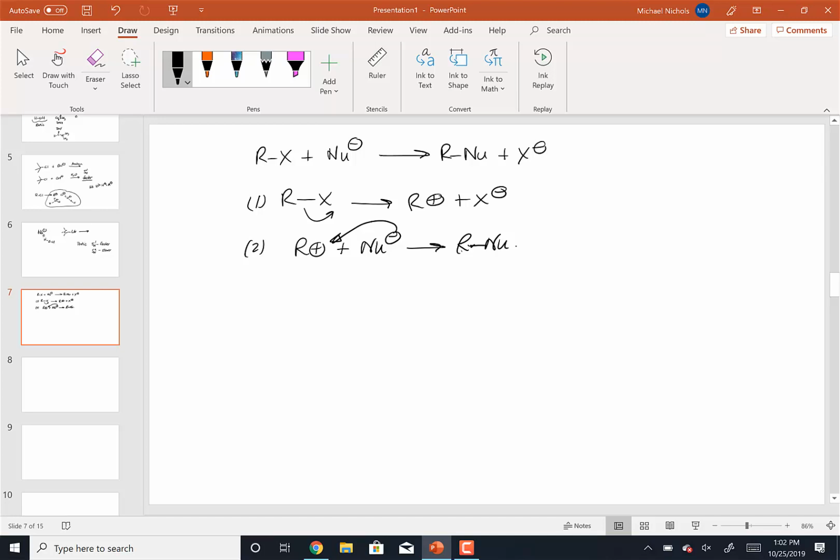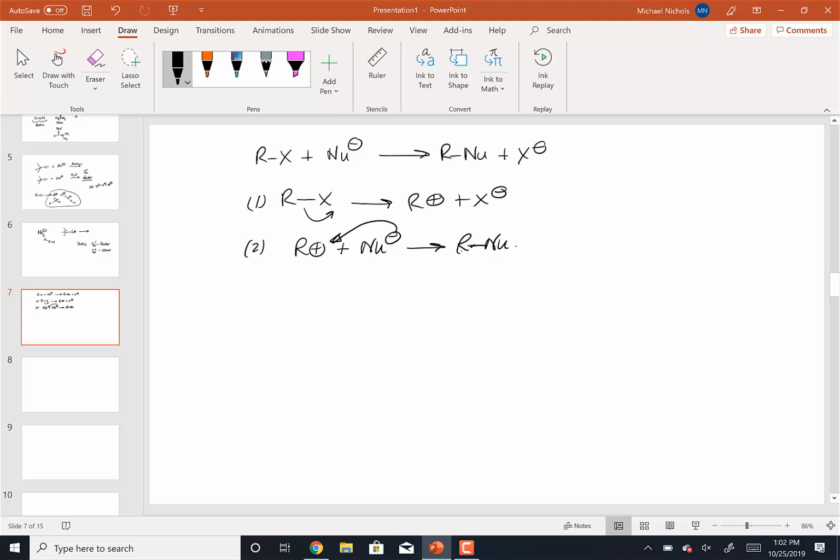Now, there's two types of nucleophiles we can use. We can use a negatively charged nucleophile, or we can use a neutral nucleophile. And neutral nucleophiles can only do SN1 reactions because they're not strong enough.